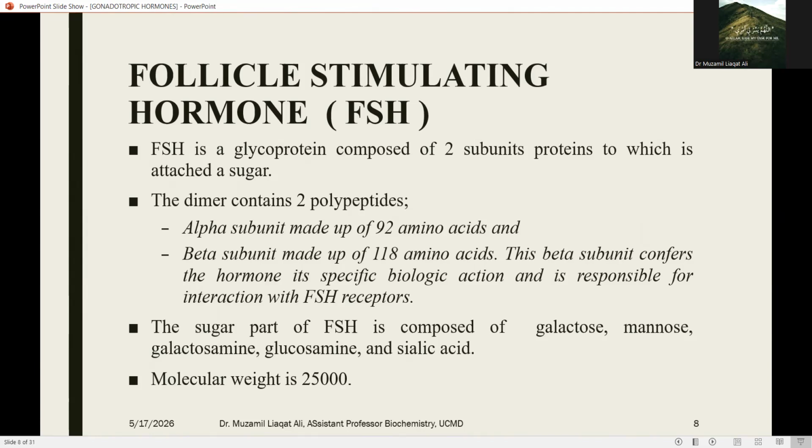That is the second subunit of FSH, and it comprises 118 amino acids. It confers biological specificity and receptor binding. It also contains carbohydrate moieties like galactose, mannose, galactosamine, glucosamine, and sialic acid. The molecular weight of FSH is around 25,000 daltons. The sugar component prolongs its plasma half-life.